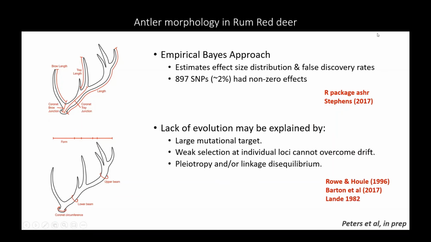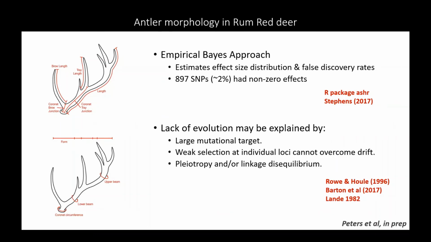So the fact that the trait is polygenic does make it very difficult to pin it down to a specific driver that explains this lack of evolution, but we can offer some more likely explanations. So it may be that having so many loci underpinning this antler morphology means that there's a very large mutational target.